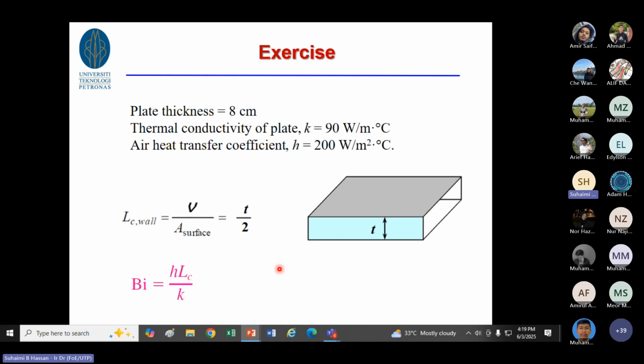So calculate the Biot number and tell me whether it is accurate or approximate.